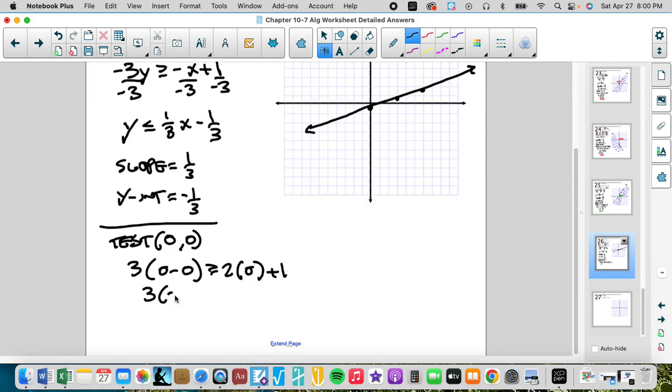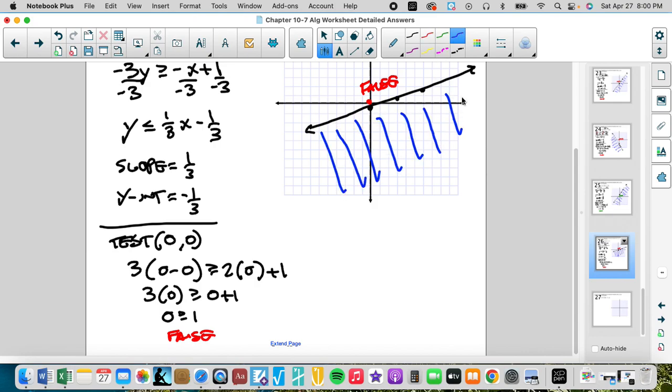So 3 times 0 greater than or equal to 0 plus 1 is 0 greater than or equal to 1. That is a false statement. So this point is false. It's not on the border, so you're fine. That side is all going to be false. So these are going to be true. I'm going to shade that side.